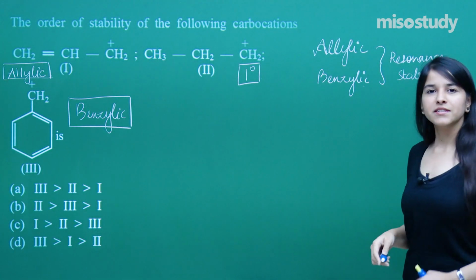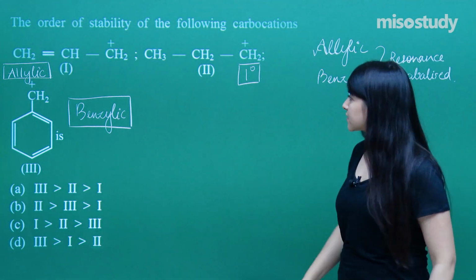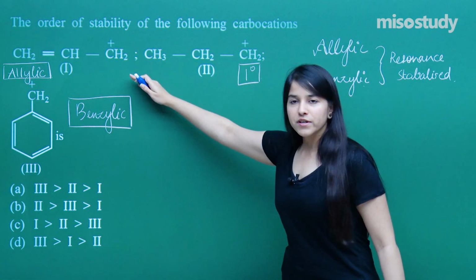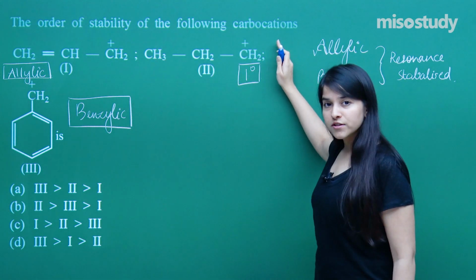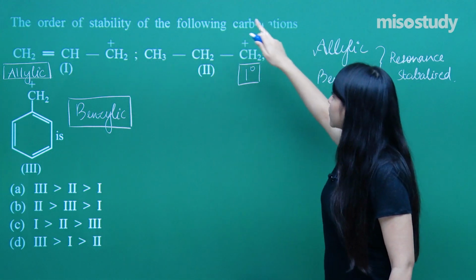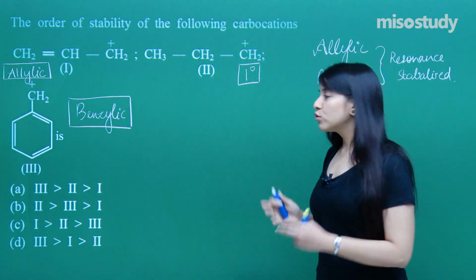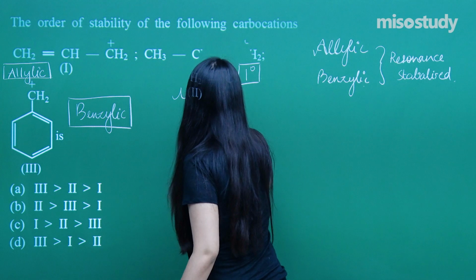That means we have got the answer, but not the complete answer. Allylic is resonance stabilized, benzylic is too, but this one is not. So this would be the least stable option. We want the order of stability, the most stable and the least stable.